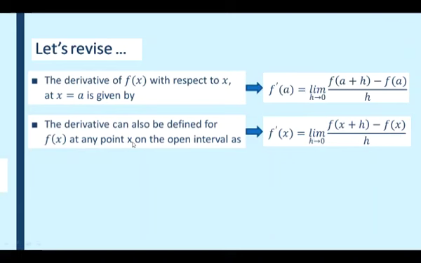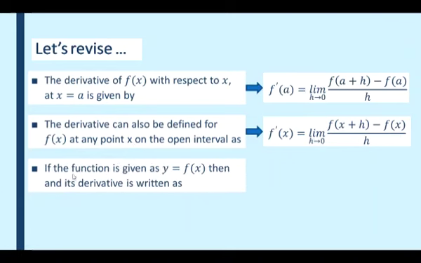Next, if the function is given as y equal to f of x, then its derivative we can write as dy by dx equal to f dash of x. We can write in this form also.